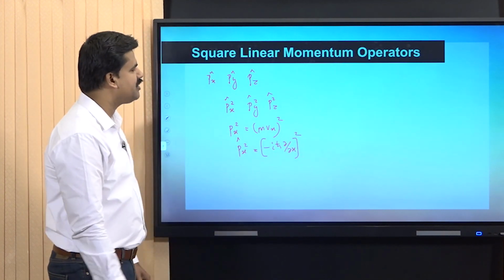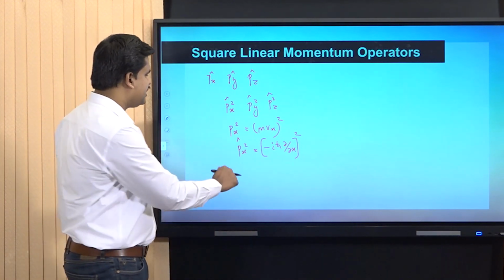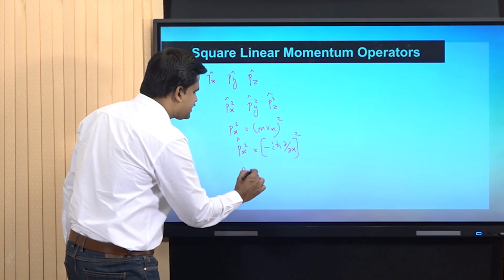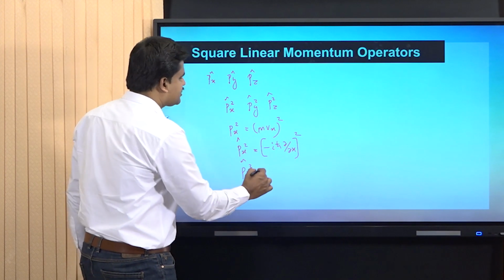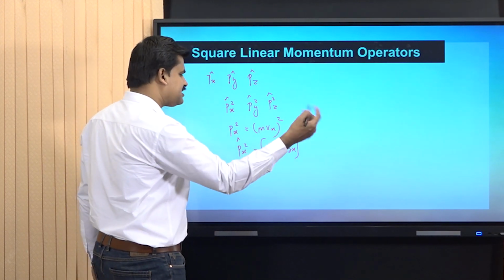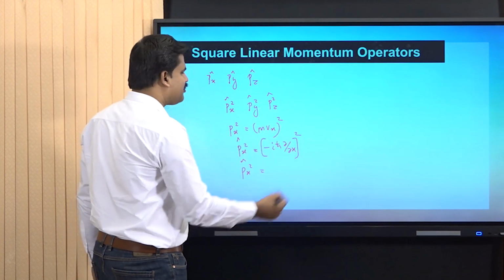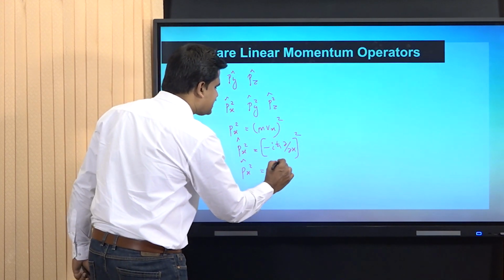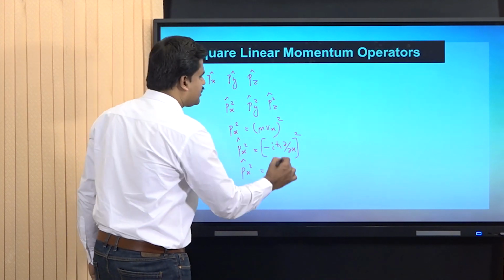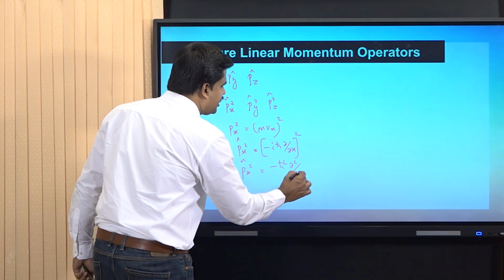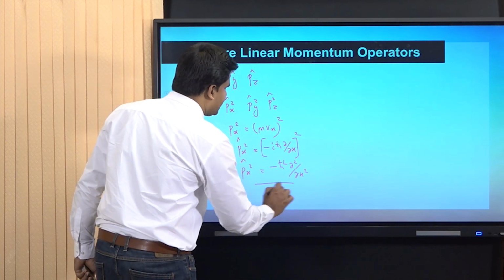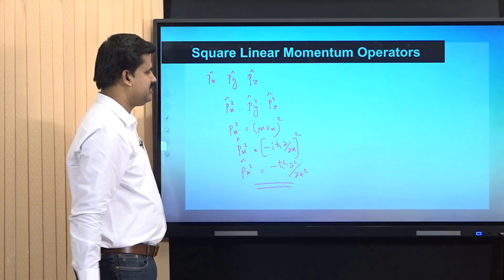Minus times minus is positive, i square is again minus sign. So, minus ħ square dou square by dou x square is Px square hat.